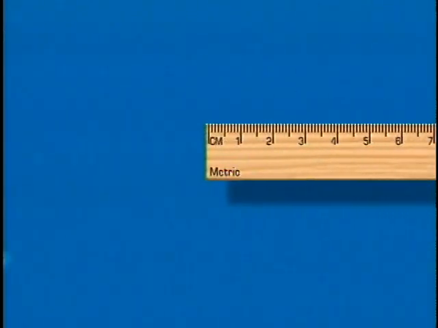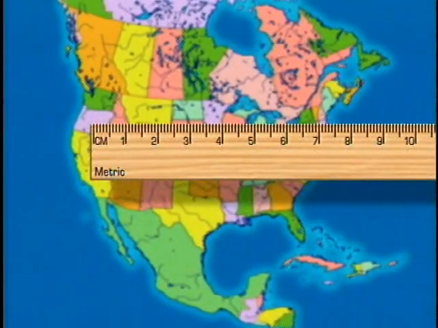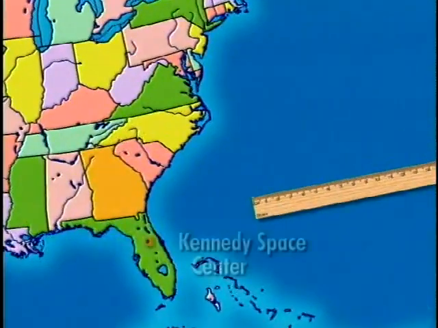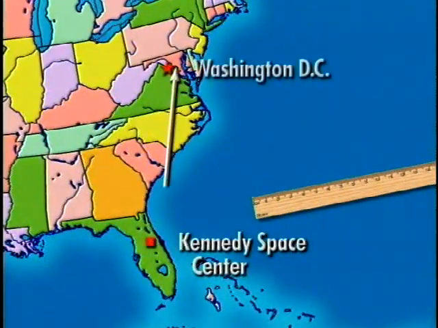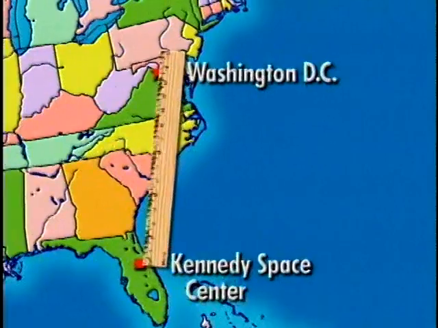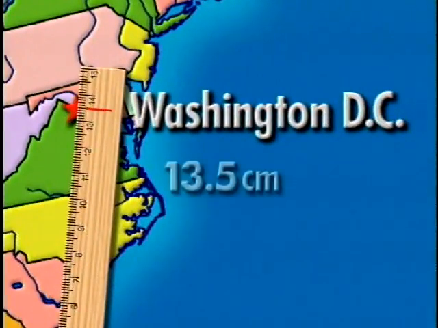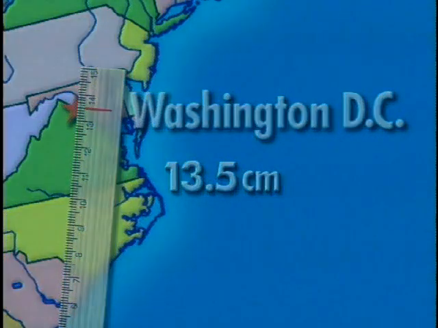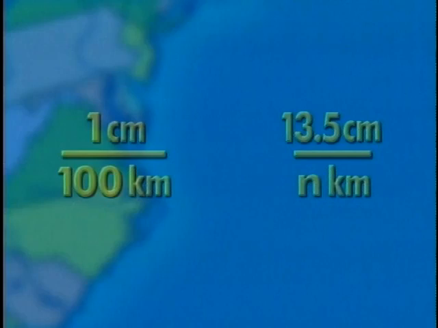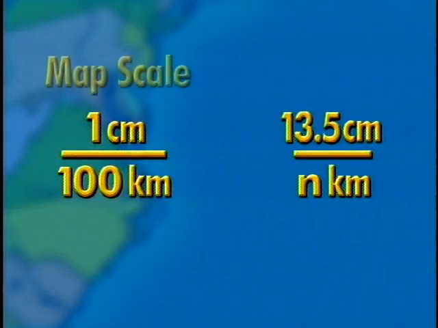First, using a metric ruler and the given map, measure the linear distance from Kennedy Space Center to Washington, D.C. On Norbert's map, this distance is approximately 13.5 centimeters. Now we have all the information we need to set up our proportion. Remember, guys, a proportion is a pair of equal ratios. The first ratio is the map scale.